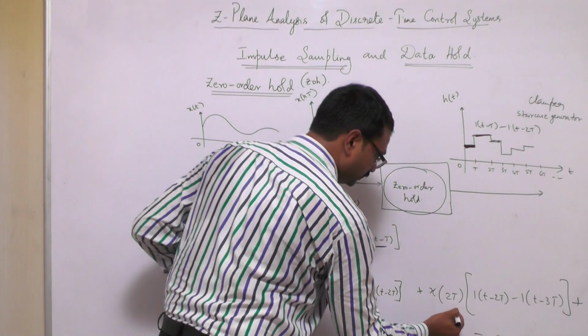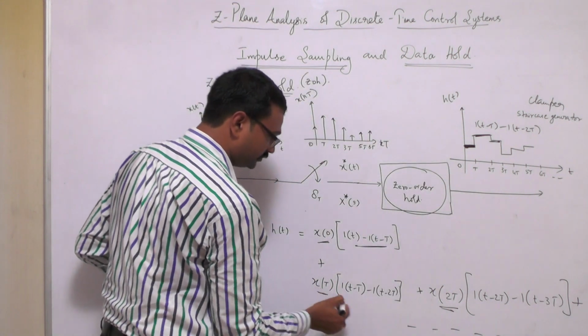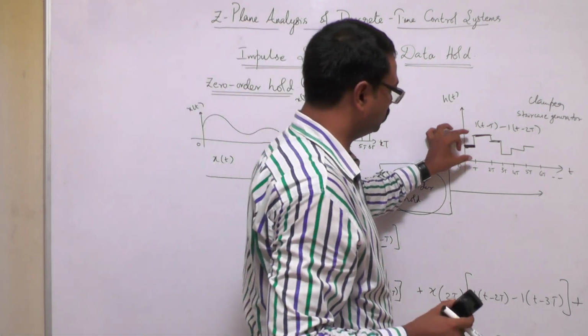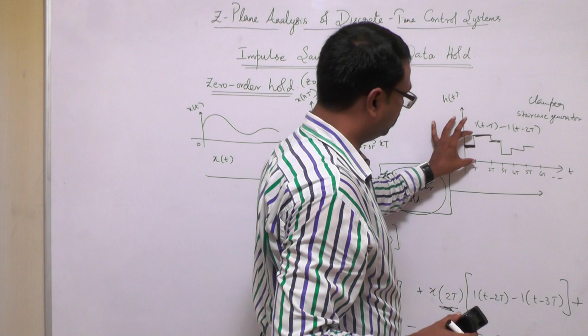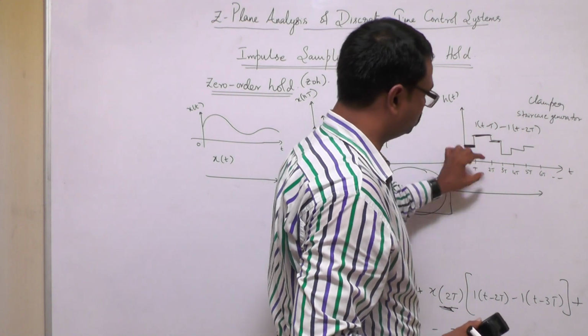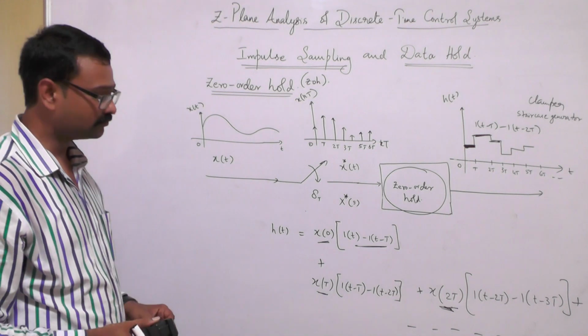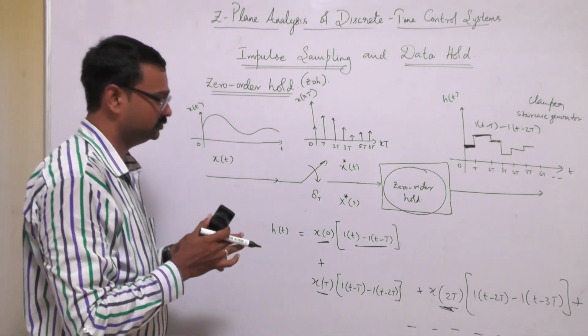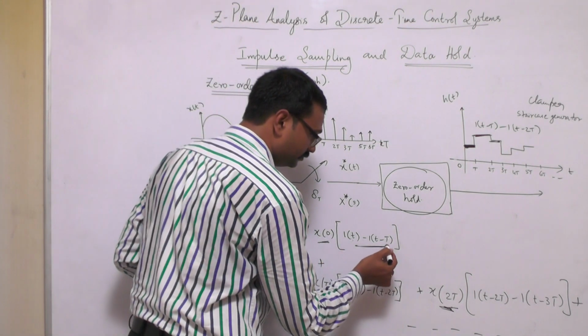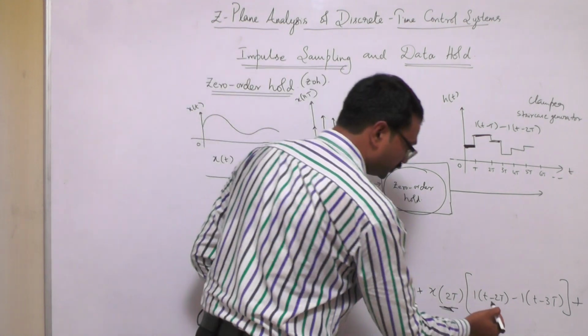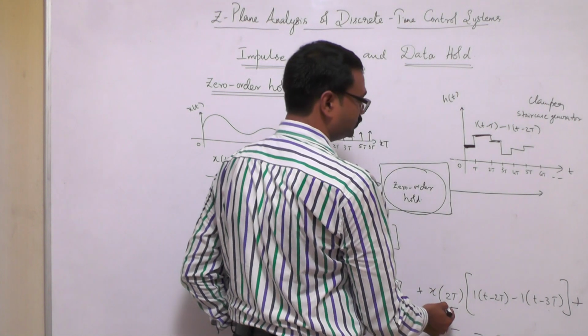So x(0), x(T), x(2T), all this gives you the magnitude of that signal. This is x(0), x(T) is this much, x(2T) is this much, x(3T) is this much. During 0 and T you have one magnitude, during T and 2T you have this much, during 2T and 3T you have the magnitude x(2T).